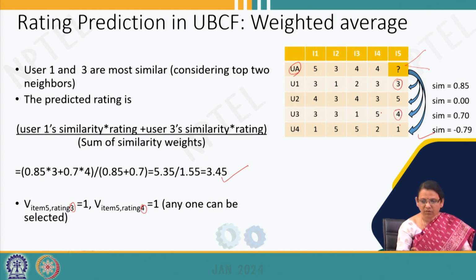So, frequency of rating 3 is 1 and frequency of rating 4 is also 1. So, therefore, you can choose any one. So, this can be approximated by either 4 or 3. So, this is one way to discretize if we have this weighted average scheme.